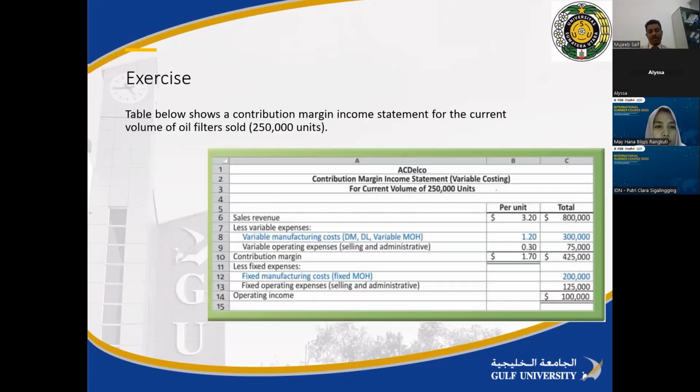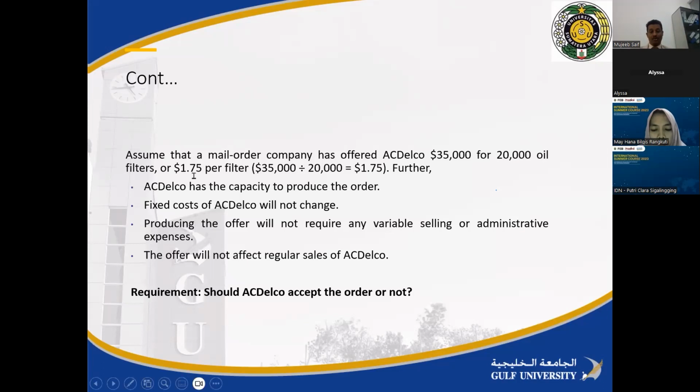You can see here in the exercise, our normal sales price for one unit is 3.2, right? Maybe this customer wants a high number of units and will pay us only 1.75. Maybe he will purchase these units and then come back to sell them in our market at a lower price than us.